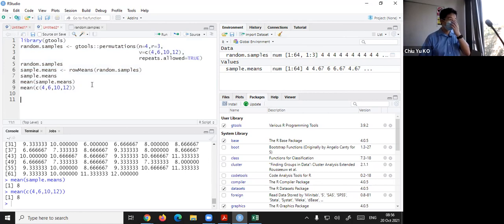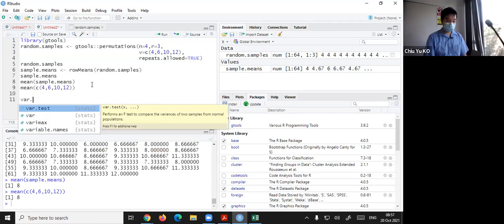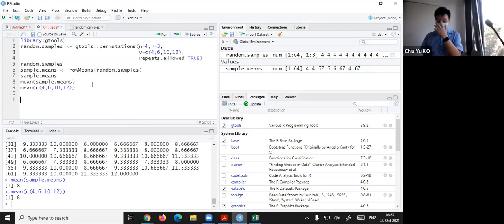But we have to be a little bit careful because the variance in Excel uses 1 over n minus 1. It's a sample variance, so we have to be more careful when we calculate that.